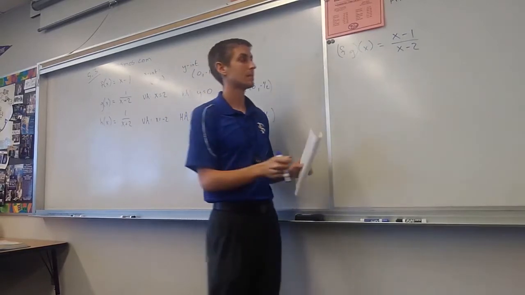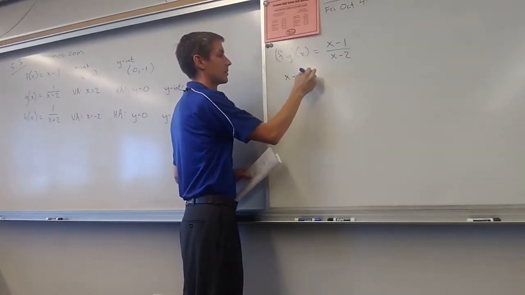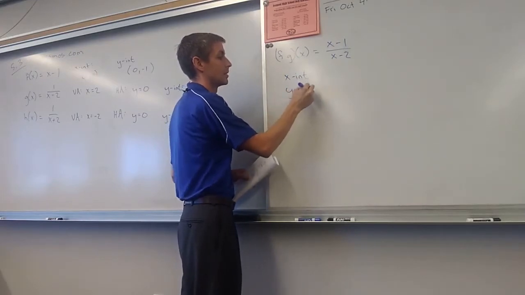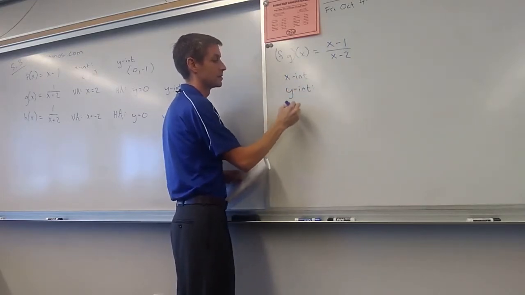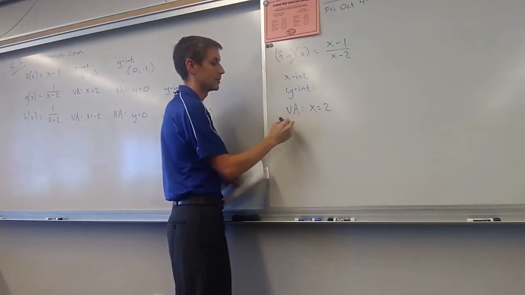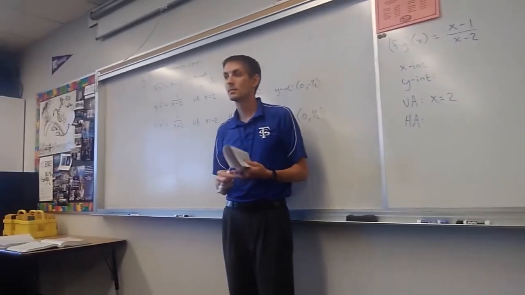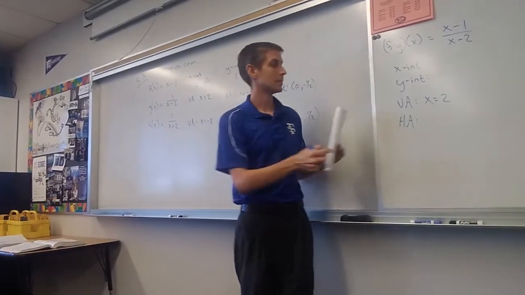Vertical asymptote. Okay, you said vertical is the same? Yeah. So vertical asymptote would be x is equal to 2. What about horizontal? It got shifted up 1. Okay, so y is equal to 1. Intercepts?